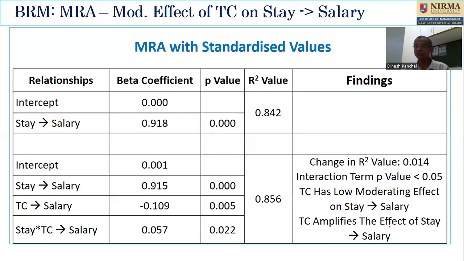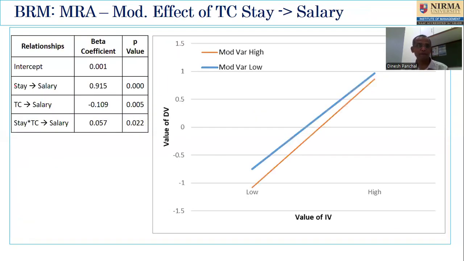Let's try to visualize what amplifying means. Again, take two values of the stay, plus and minus 1, so -1 and +1, low and high. Similarly, two values for TC, -1 and +1. See this blue color line. This shows the slope when the moderating variable is low.